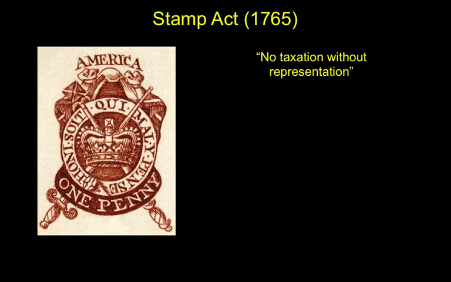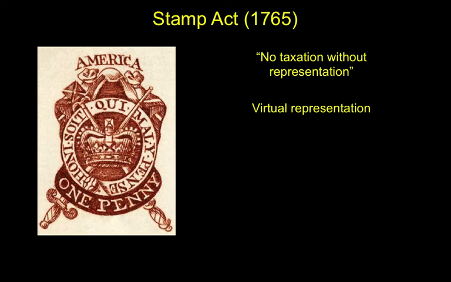In actuality, this motto was slightly disingenuous. The Sons of Liberty and other Stamp Act opponents knew that the American colonies were virtually represented in Parliament, the legislative body in England that levied this and all taxes.